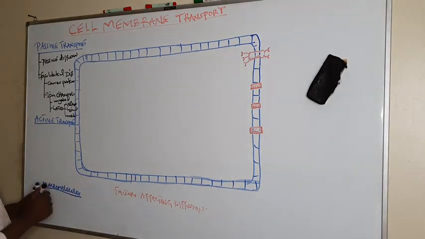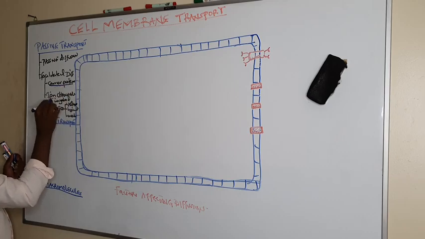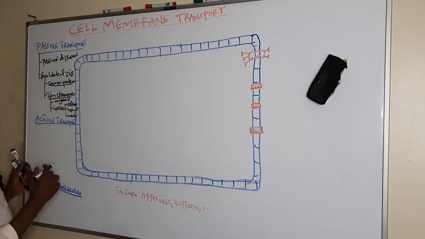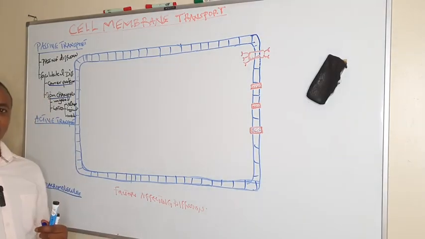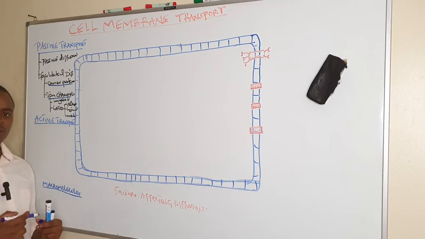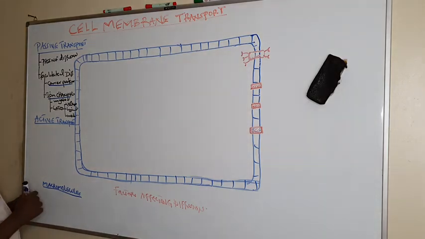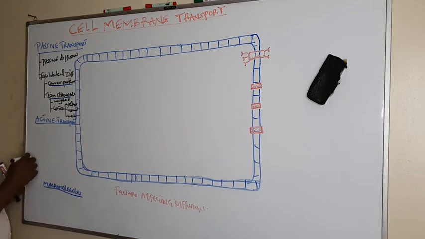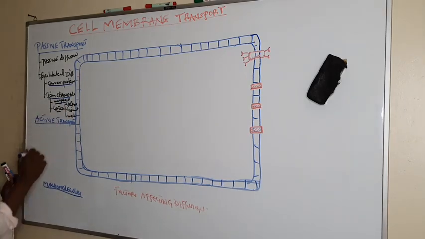So these are the classes we can talk about, facilitated by carrier proteins and ion channels. The ion channels transport cations and anions across, like sodium, potassium, chloride, and they can either be ungated, without a gate, or gated.